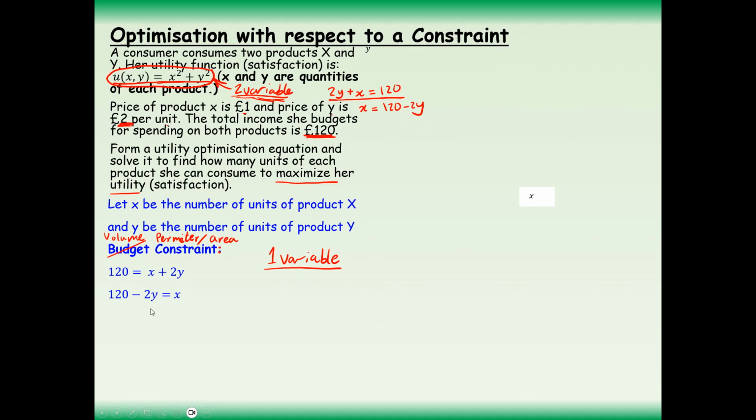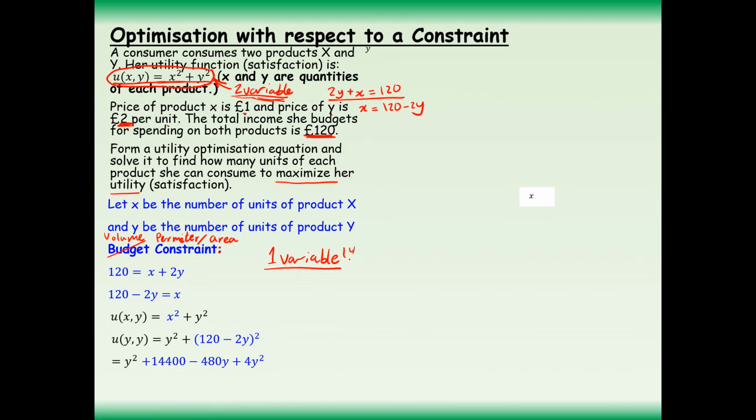Wherever we have that x squared now, we're going to use the expression 120 minus 2y rather than the x. So that's fine. Now we have expanded this bracket and everything is in terms of one variable, which is y.